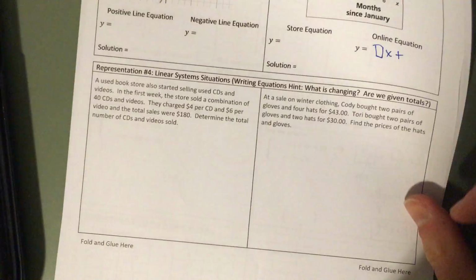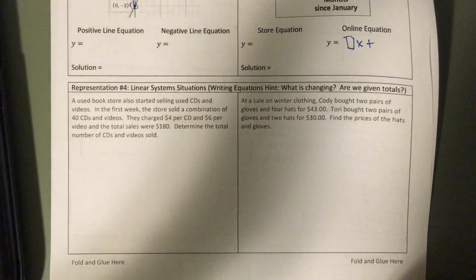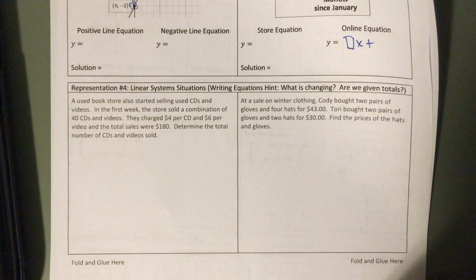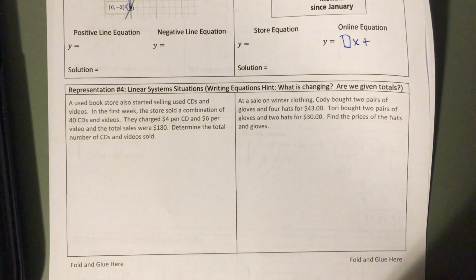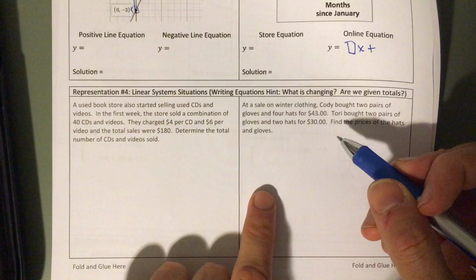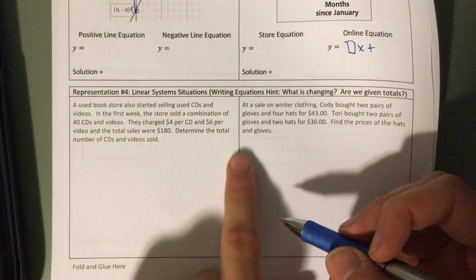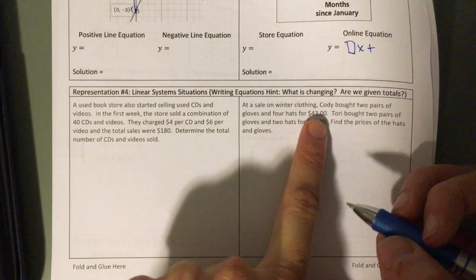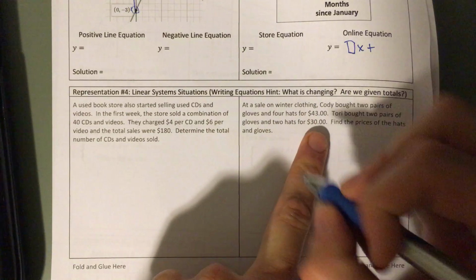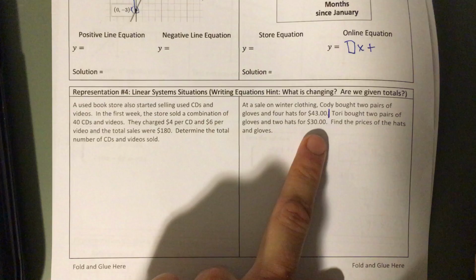All right, so with all that said, let's just do one of these word problems. With these, I kind of feel like, yeah, let's just read. We'll do this one. It's kind of the same idea as this one. So it says, at a sale on winter clothing, Cody bought 2 pairs of gloves and 4 hats for $43.